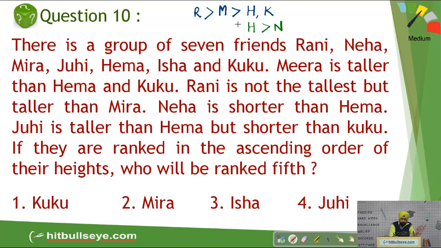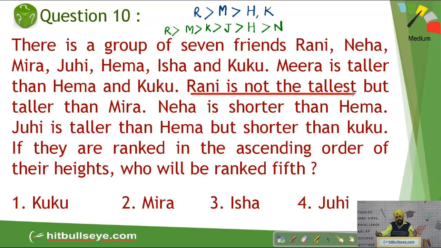Juhi is taller than Hema. So you can place Juhi over here. But shorter than K. So you can place K over here. Now students, you already know M is taller than K. And then R is given to be taller than M. Now very importantly, it states that R is not the tallest.